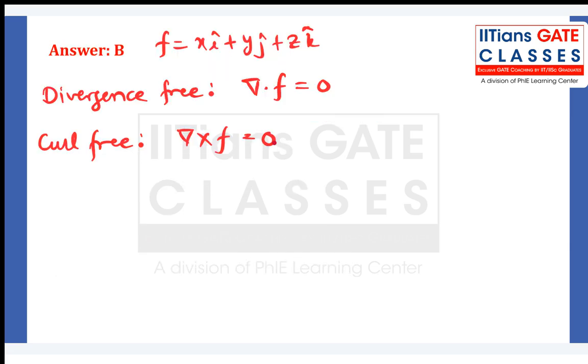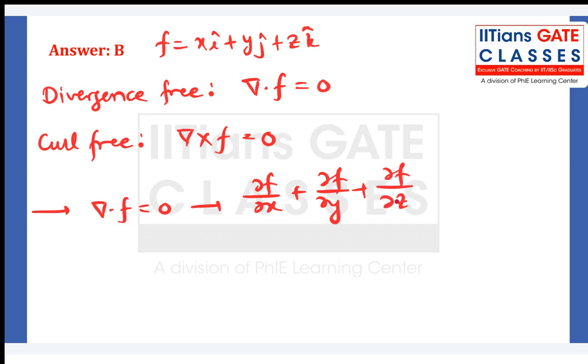So first talk about divergence. That will be nothing but del f1 by del x plus del f2 by del y plus del f3 by del z. Okay, that is your divergence. And it is f1, f2, f3, not the whole thing.